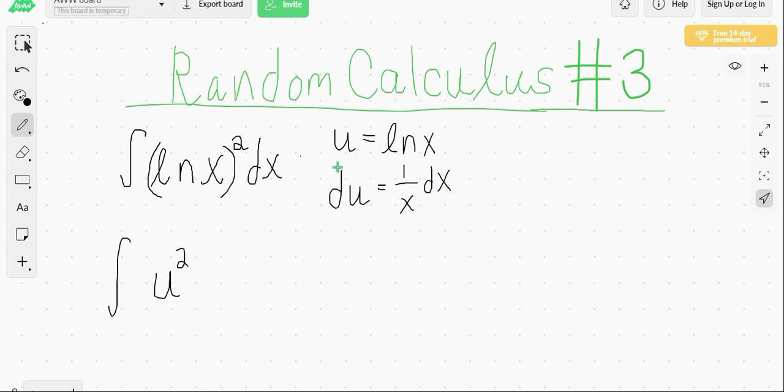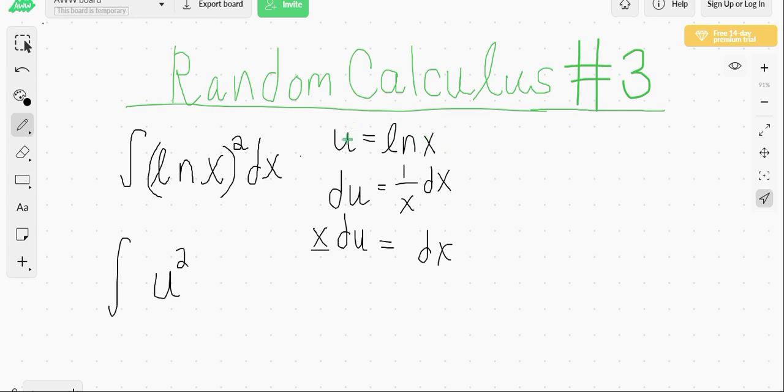If we solve for dx in this equation, we get dx is equal to x du, right? But again, we want it only in terms of u, so we need to know what x is. Well, we can solve for x in the first equation right here.